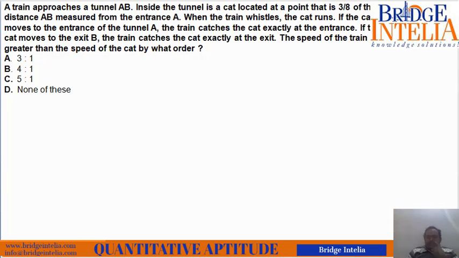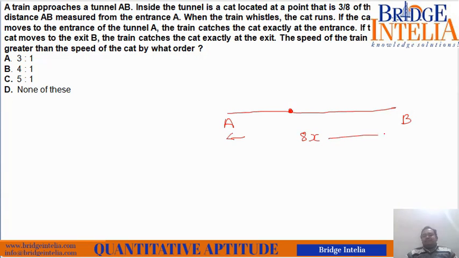So let us understand what is the meaning of this question. So suppose this is the tunnel. A cat is located somewhere here at a point that is 3/8 of the distance AB. So if this is A, this is B, let the total distance be 8x.